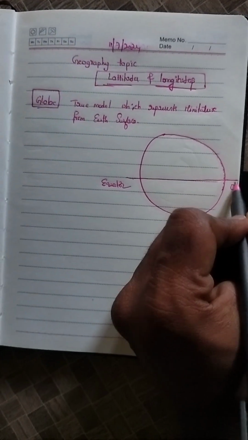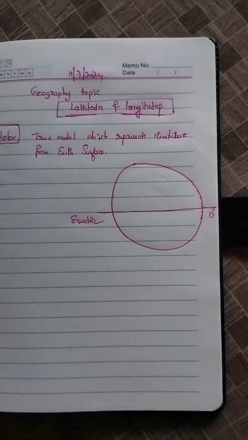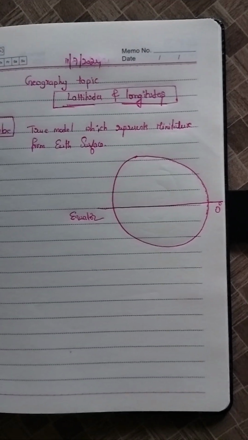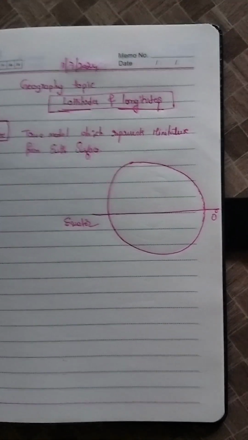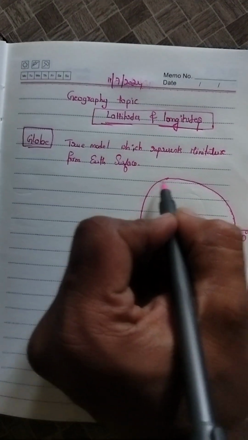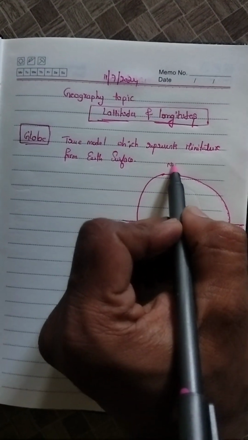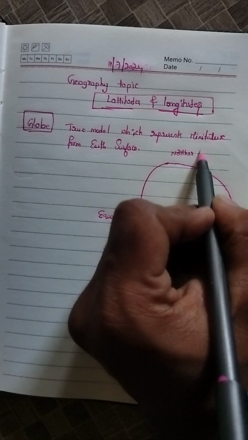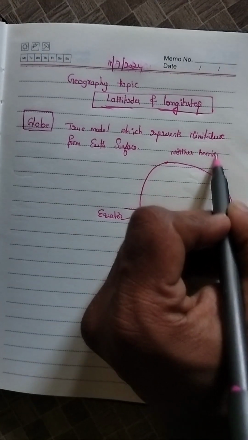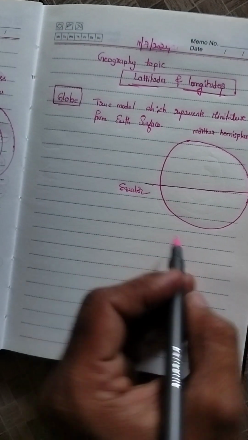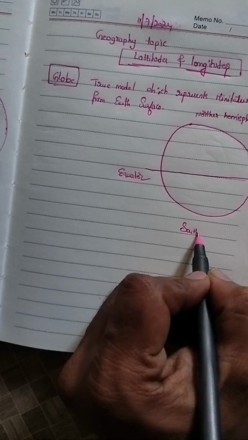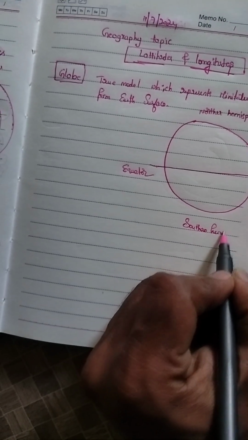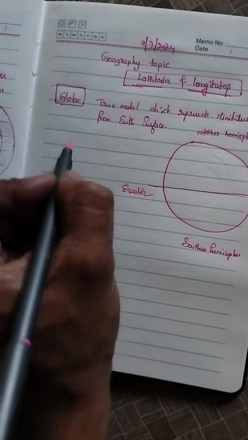It is 0 degrees. The upper half, the portion towards the north, is called the northern hemisphere. The lower half is the southern hemisphere. You see, this is the map.